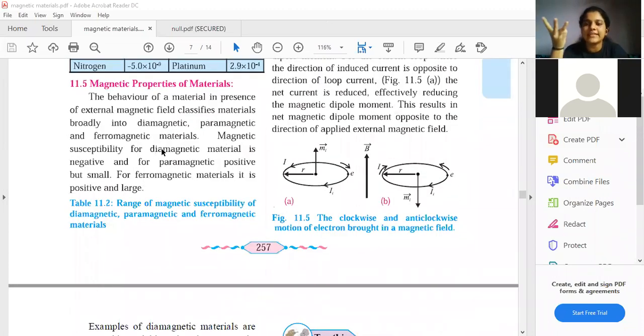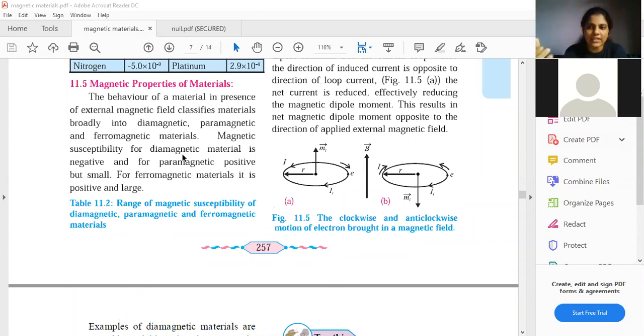As I said, there are three types of magnetic materials: diamagnetic, paramagnetic, and ferromagnetic. Just concentrate on this paragraph, students. The behavior of a material in the presence of an external magnetic field classifies materials broadly into diamagnetic, paramagnetic, and ferromagnetic material.